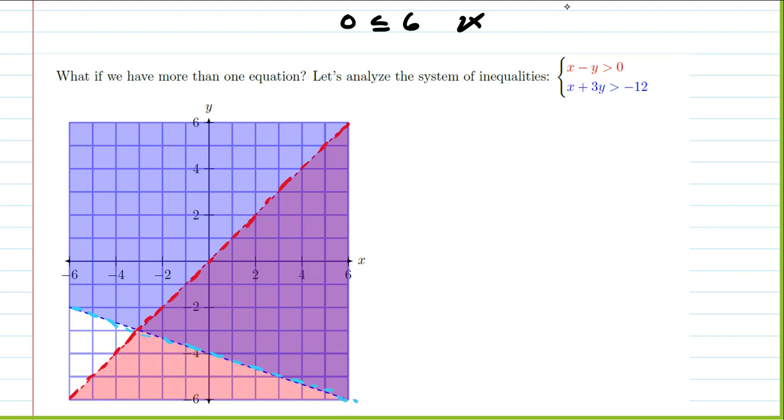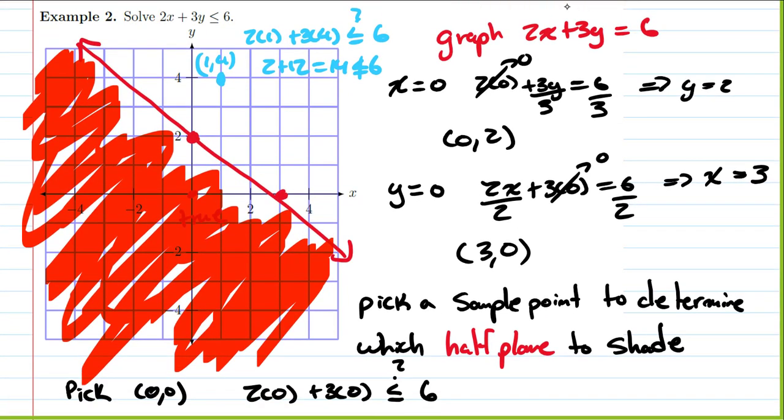This point right here is the solution to the system of equations x minus y equals 0, and x plus 3y equals negative 12. But we don't have a system of equations, right? We have a system of inequalities. So when we solved an inequality up here, what happened? We got a half plane.